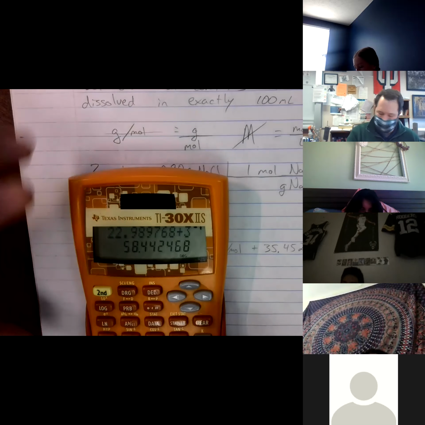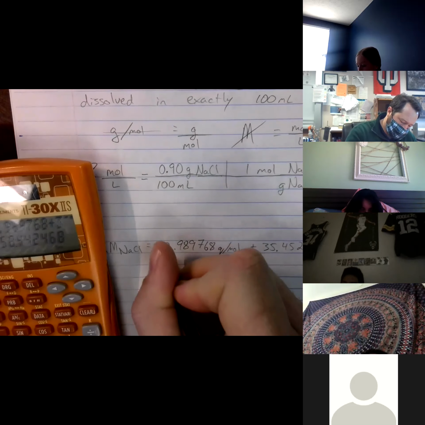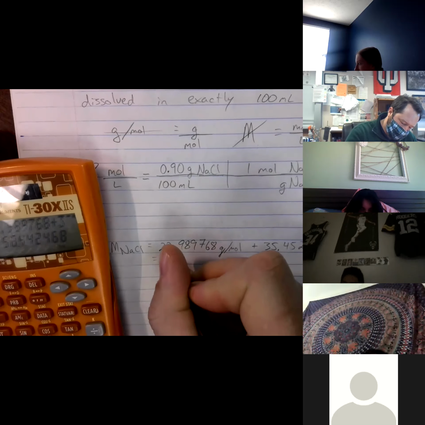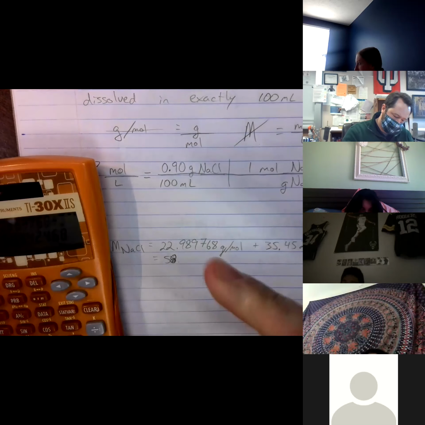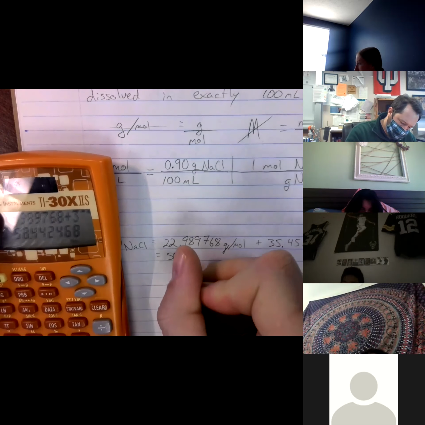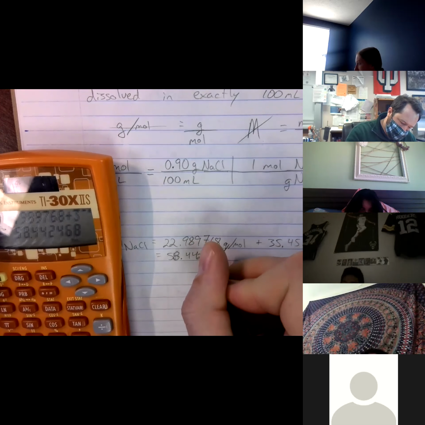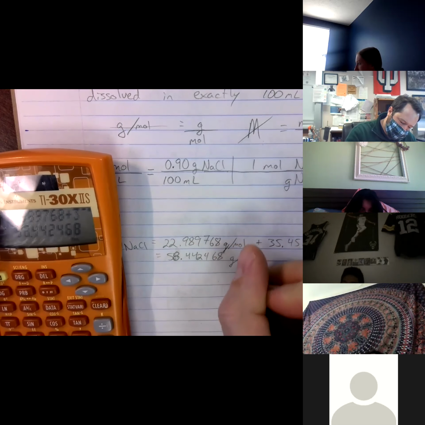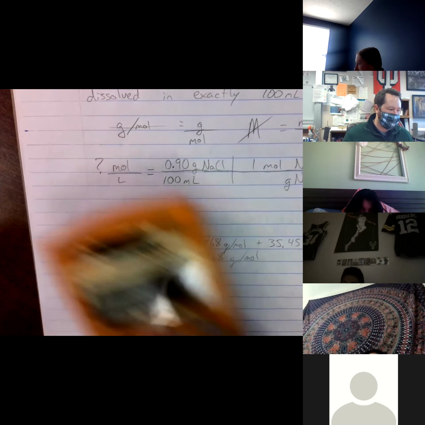Goes in the calculator. Our molar mass of sodium chloride is 58.442468 grams per mole.